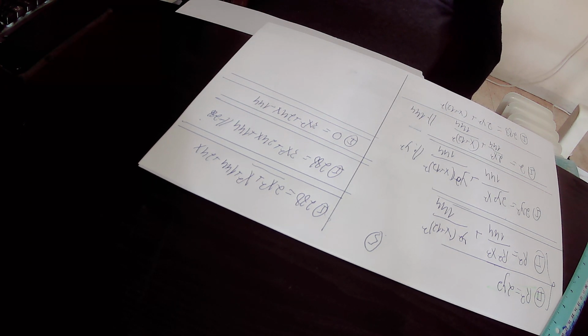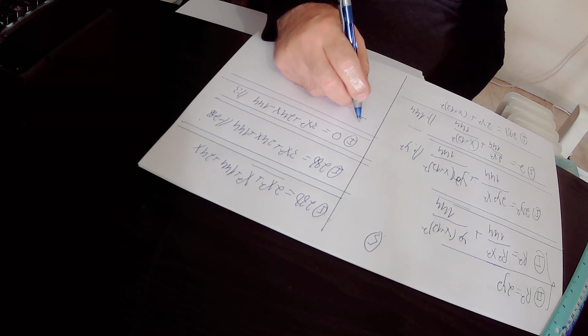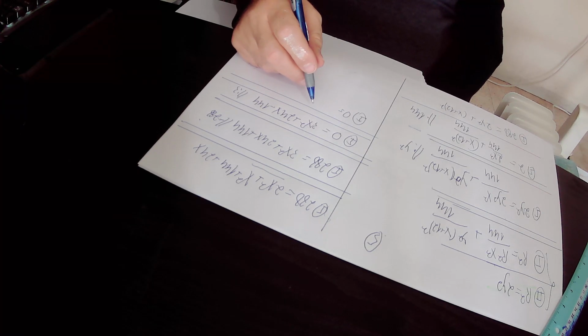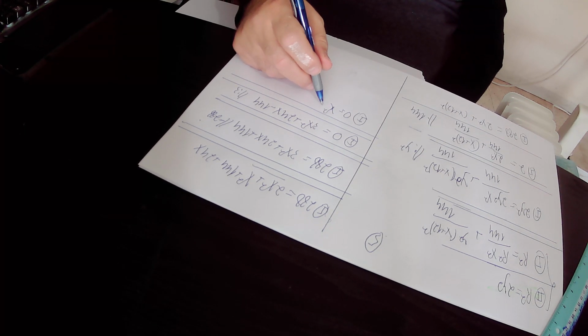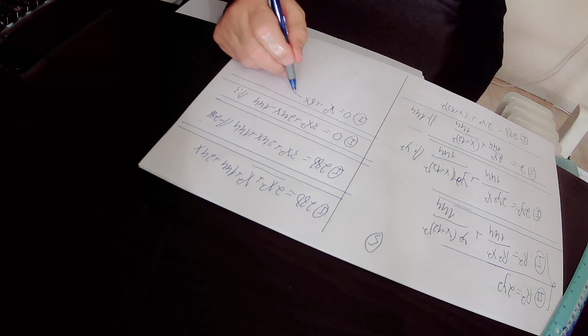So here we divide this quadratic equation by 3, and we get 0 over 3 is 0, and it equals 3x squared over 3 is x squared, plus 24x over 3 is 8x, and minus 144 over 3 is minus 48.